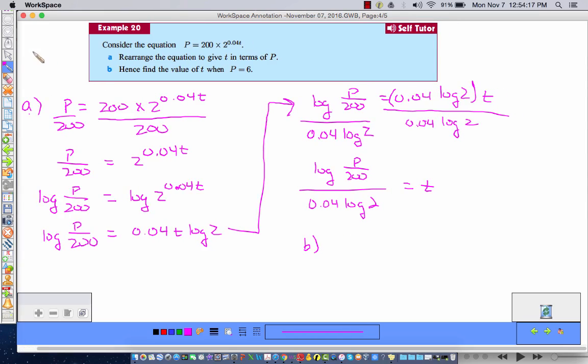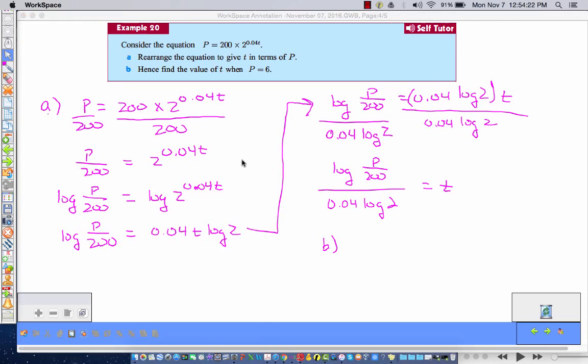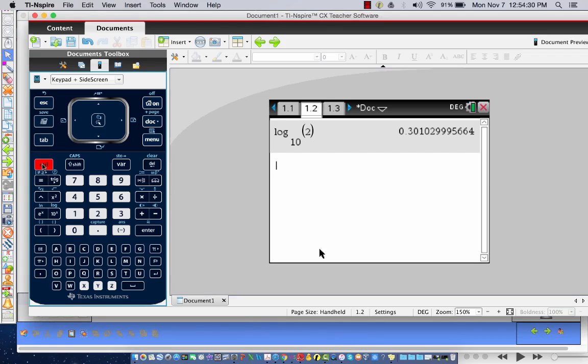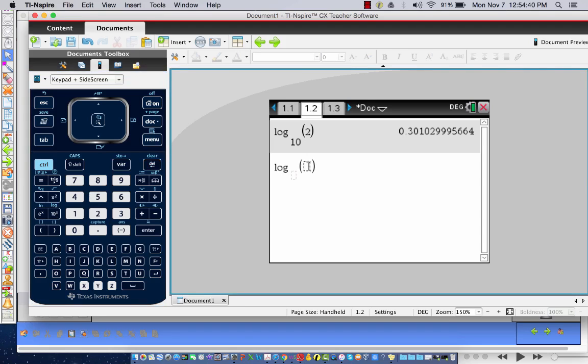Log of 6 over 200. Oops, what happened there? I went into the base. Got to go in here. Log, bam, 6 over 200.